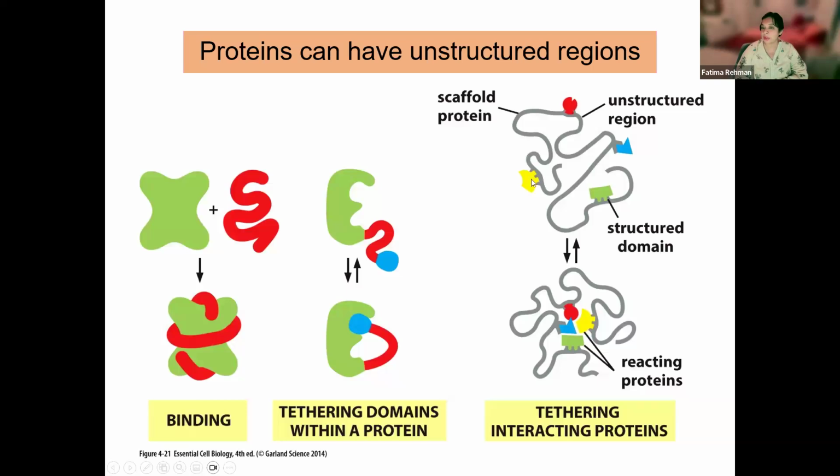You have some structural domains that are important for its binding to each other or to its structure or function. And then you have areas that are going to be a little bit more loosely structured. And this scaffolding portion is going to allow these portions that are structured to come together and create their final reacting form, while the rest of it can be a little bit more fluid.